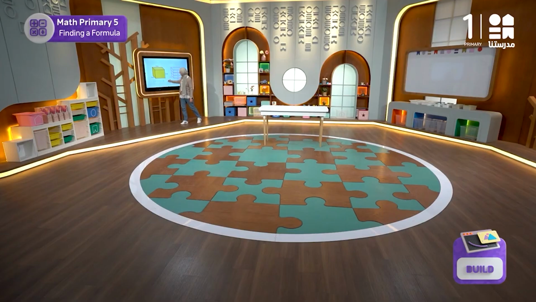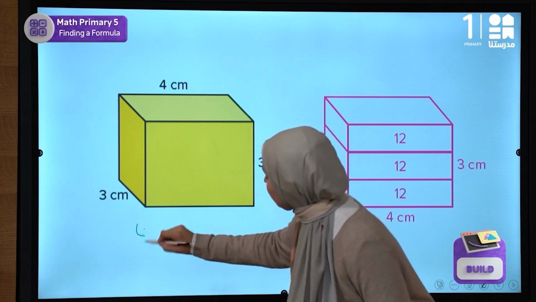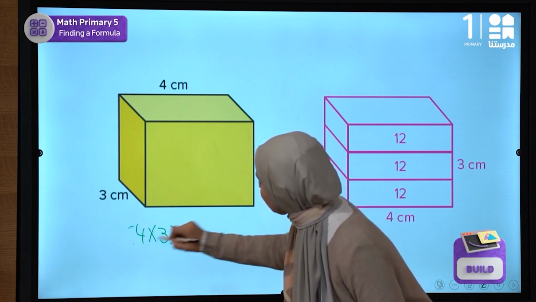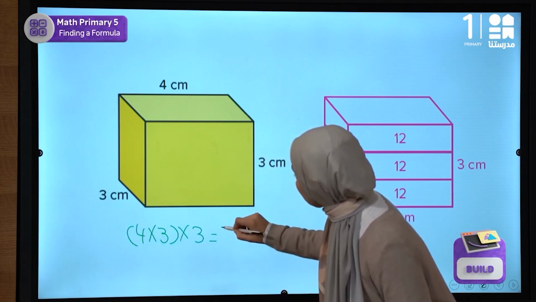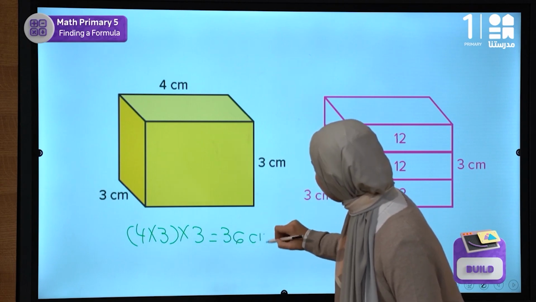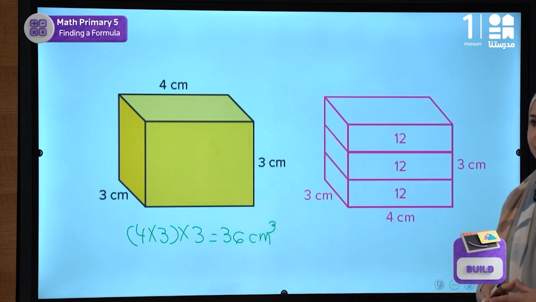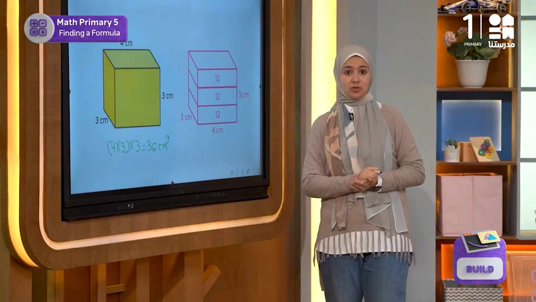Let's write the cubic. Let's write it one more time. It was 4 times 3 times 3 equal to 36 cubic centimeters. Now this was the end of question 1.